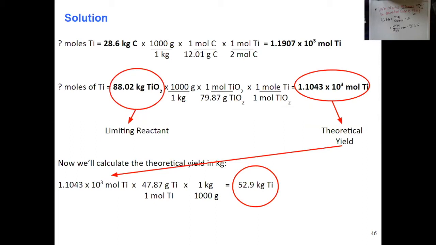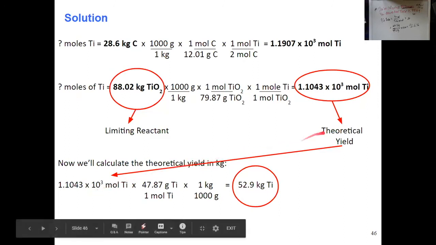Now, my actual yield value was given to me in terms of kilograms. This means that to figure out my percent yield, I will need my theoretical yield to be in kilograms as well.